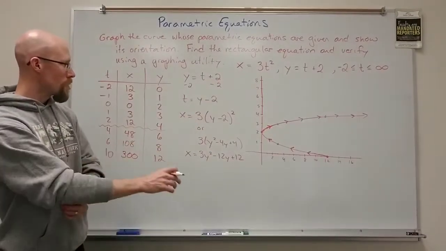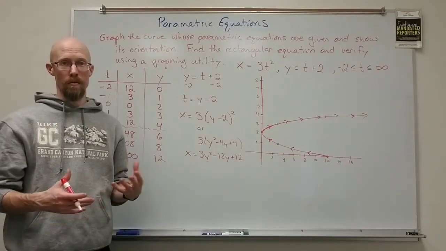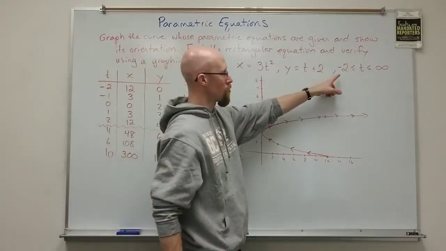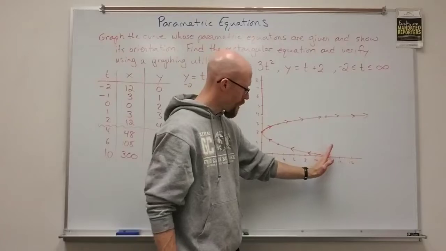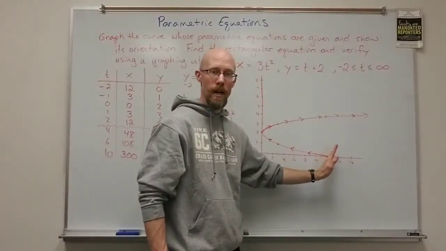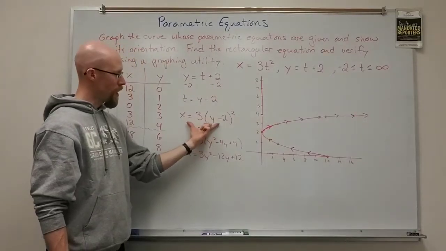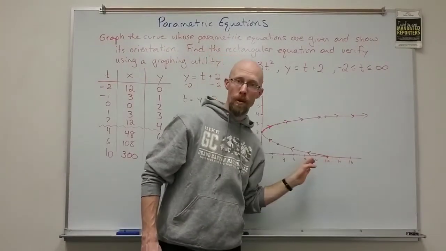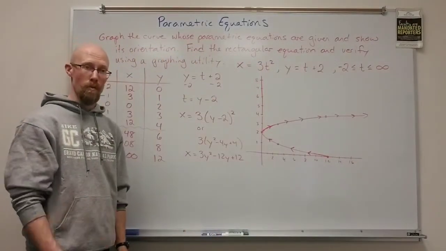Now I also need to put restrictions on my y value, or my x value, or my domain. Somehow I need to get some restriction on here because I know the t values range from -2 to infinity. That means I can't go beyond this point here, this x-intercept. The parabola that I just defined has an infinite number of points going past the x-intercept to the right, so I don't want those points.